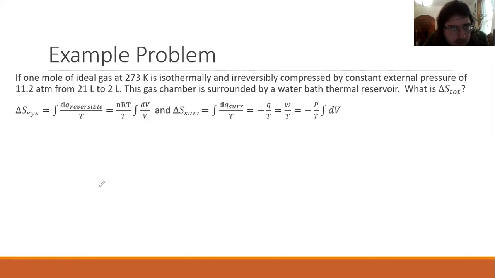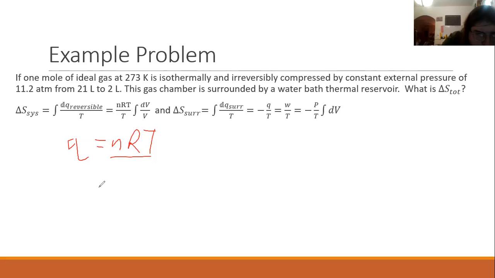We talked about this in the previous couple problems of how we get delta S at constant temperature. We have to consider that it's like the work isothermal. So Q isothermal was equal to nRT over V dV.